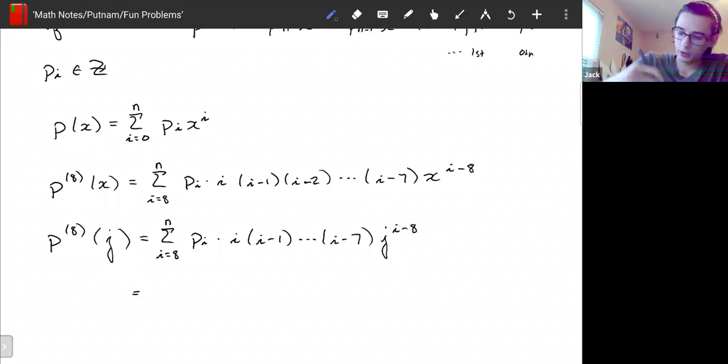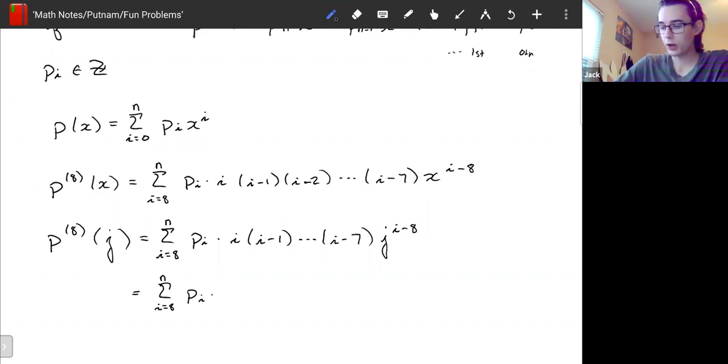So one thought you could do is look at this and see if we can rearrange it in such a way that we get something that we know is divisible by 2016. So let's have our pi out front, and let's fill in the rest of the terms up top.